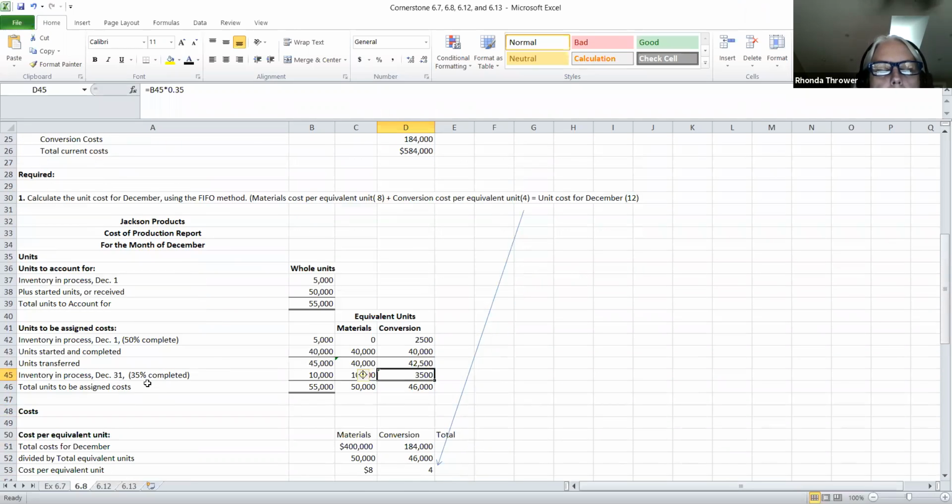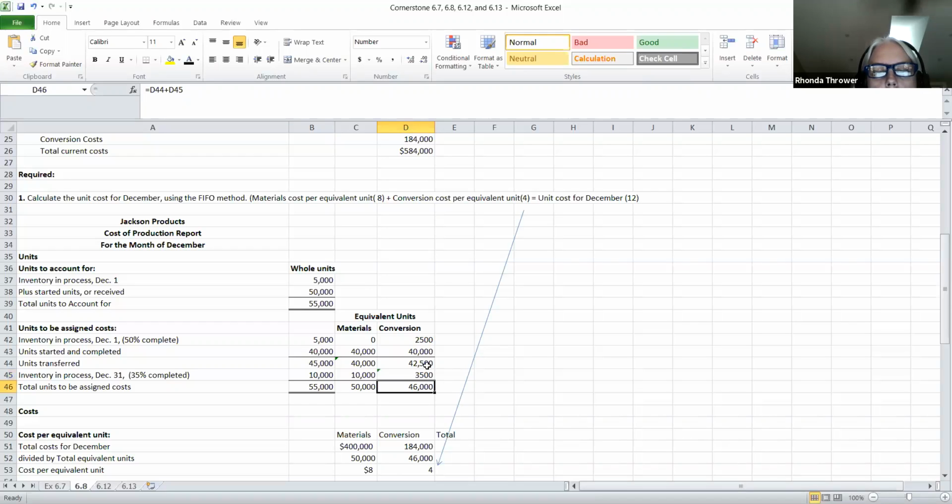So 35% are complete with respect to conversion costs, which is our direct labor and our factory overhead. So we're going to take 10,000 and multiply that by 35%, and that will give you 3,500 units of ending inventory that are equivalent units for conversion.